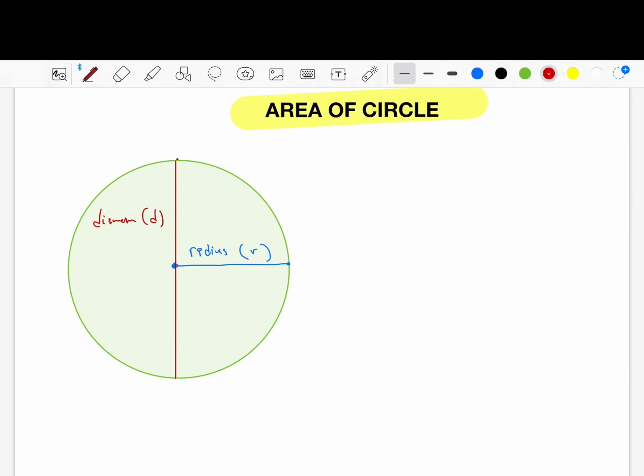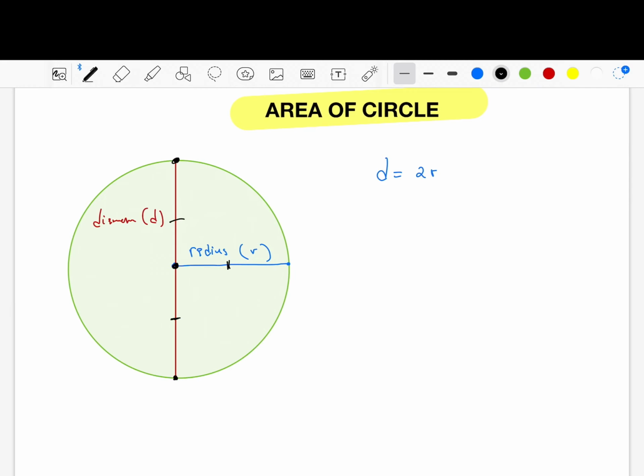That's called d. So what you need to know is the relationship between the diameter and the radius: a diameter is twice the radius. Which makes sense, right? Because this here is a radius, and this is the radius, and also that's the radius.